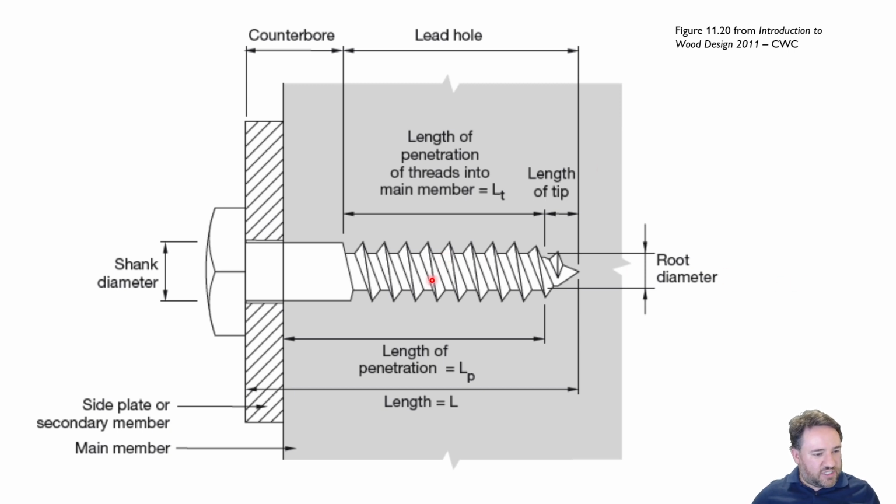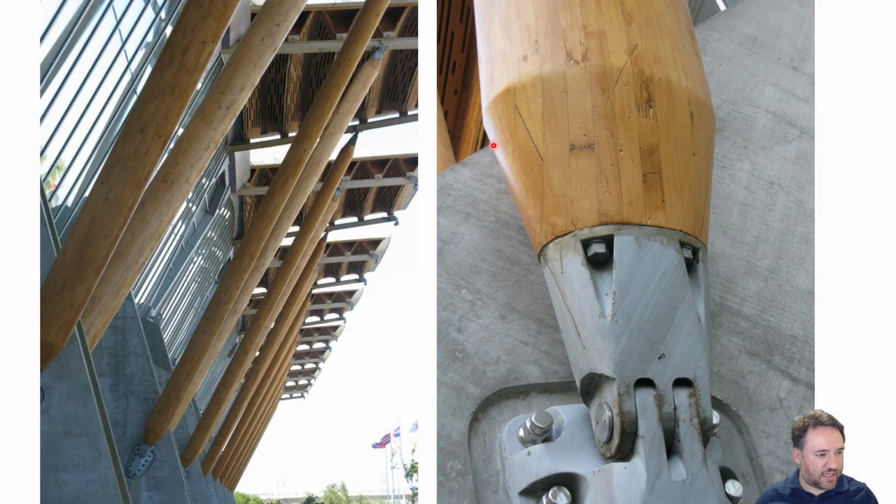Yeah, the rest of these are just some definitions that we don't really need to worry about. But anyway, we're going to penetrate that certain distance into the timber member, that lag screw. So here's an example. This is from the Richmond oval that we've seen a picture of the inside before, which has really big curved glulam beams. On the outside, there are these diagonal braces, and these diagonal braces at the end are connected to a big solid steel pin connection.